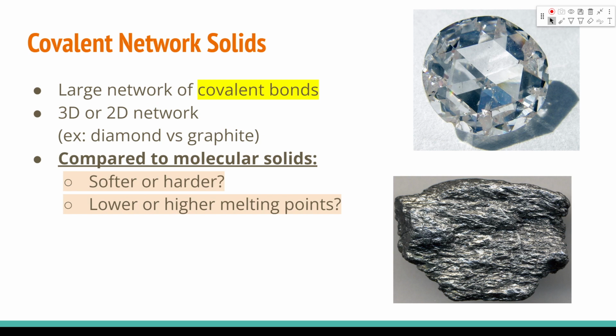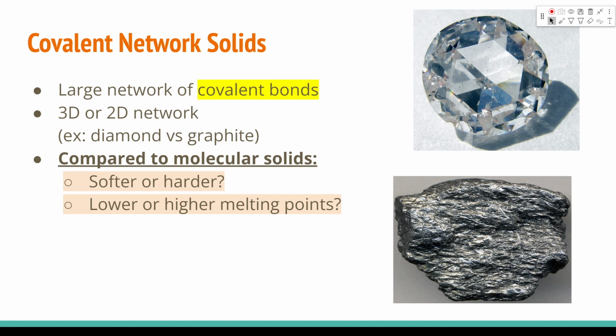Alrighty, covalent network solids. As the name implies, it has the word network. It's large covalent bonds. They can come 2D or 3D, depending on if they are flat versus more 3D shaped. The two biggest examples you need to know are diamond and graphite, which we'll talk about in detail soon.